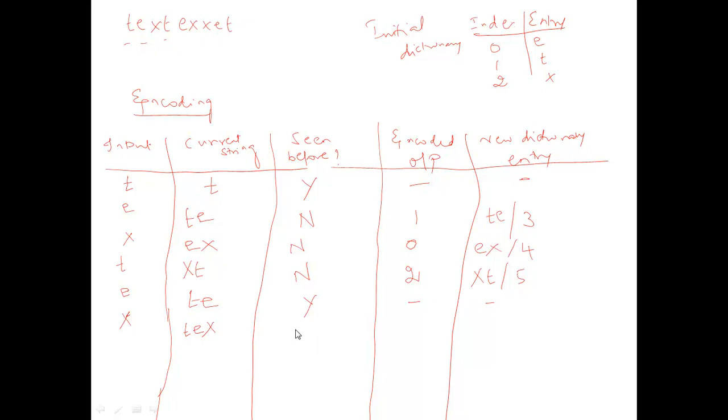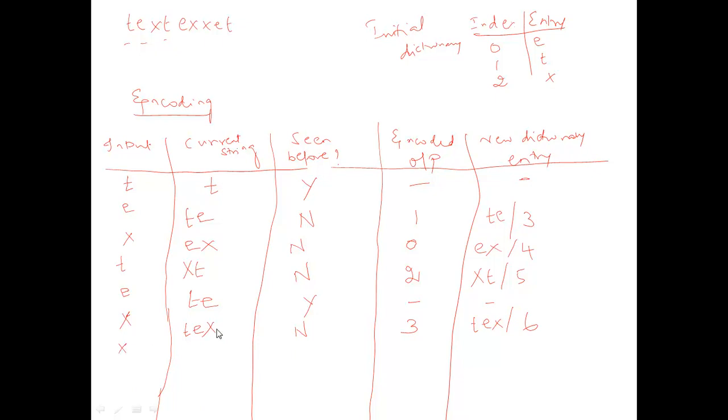So you will write it as no. And you will write the encoded output only for the previous unencoded current string. So previous unencoded current string is TE, which is dictionary entry 3. You will write it as 3. And the new dictionary entry is whatever is there in the current string. So you write TEX, which comes in the dictionary entry 6. The next thing is X again.